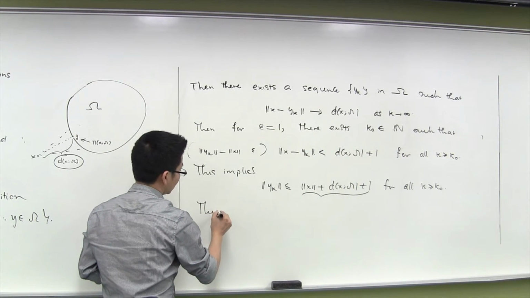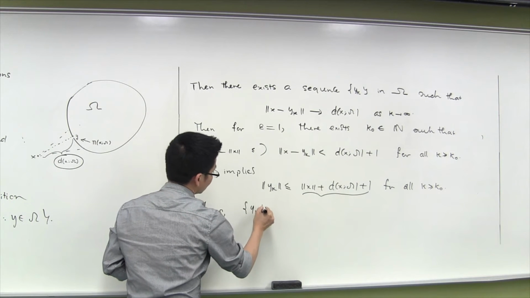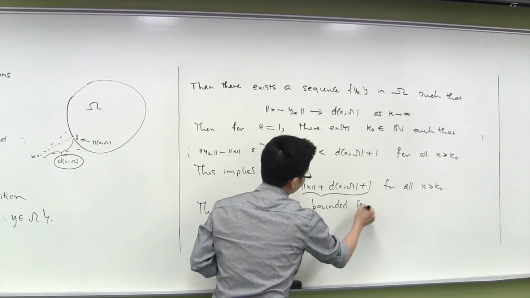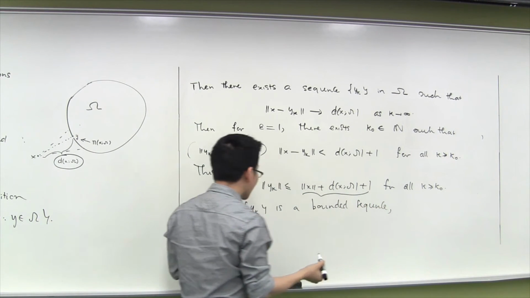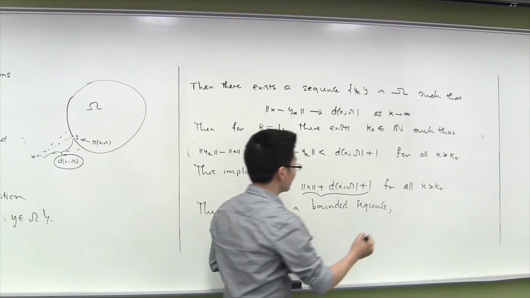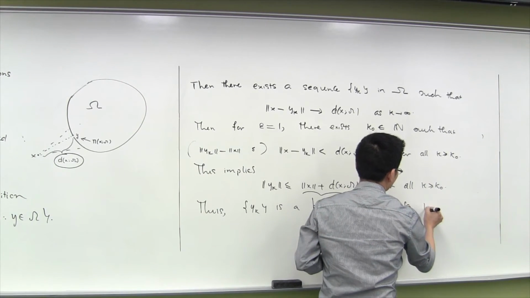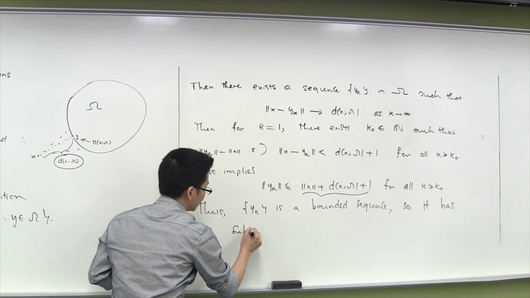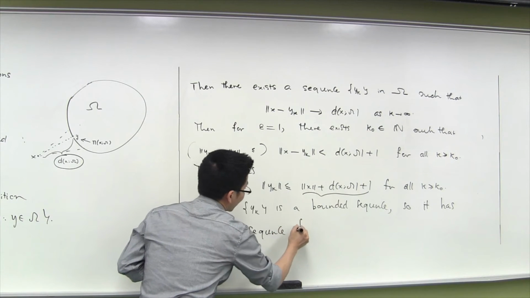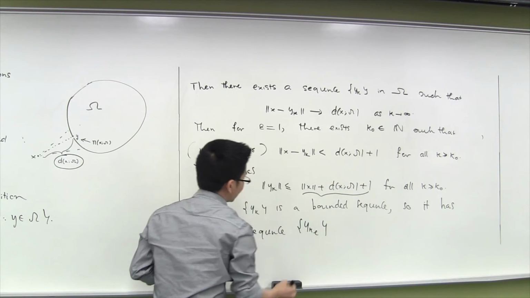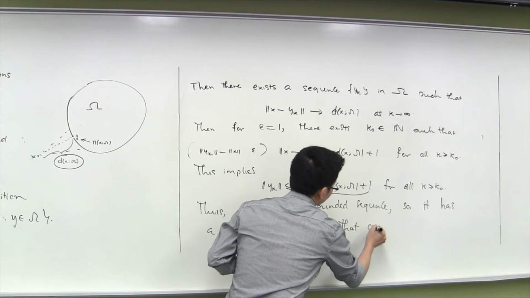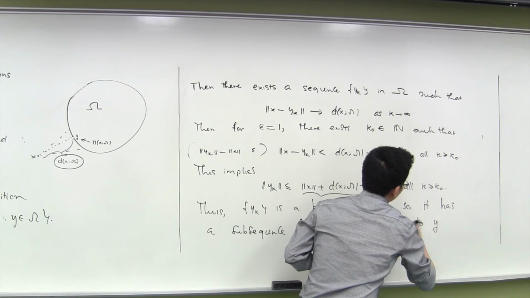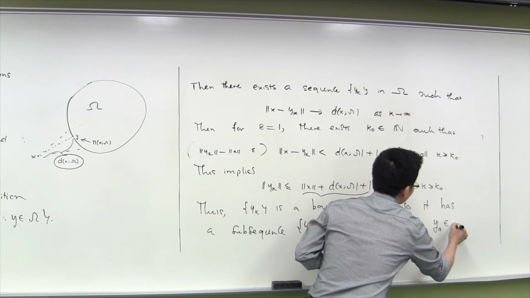Thus, y_k is a bounded sequence in R^n, so it has a convergent subsequence. A subsequence denoted by y_{k_l} converges to an element denoted by y_0 that is in omega.